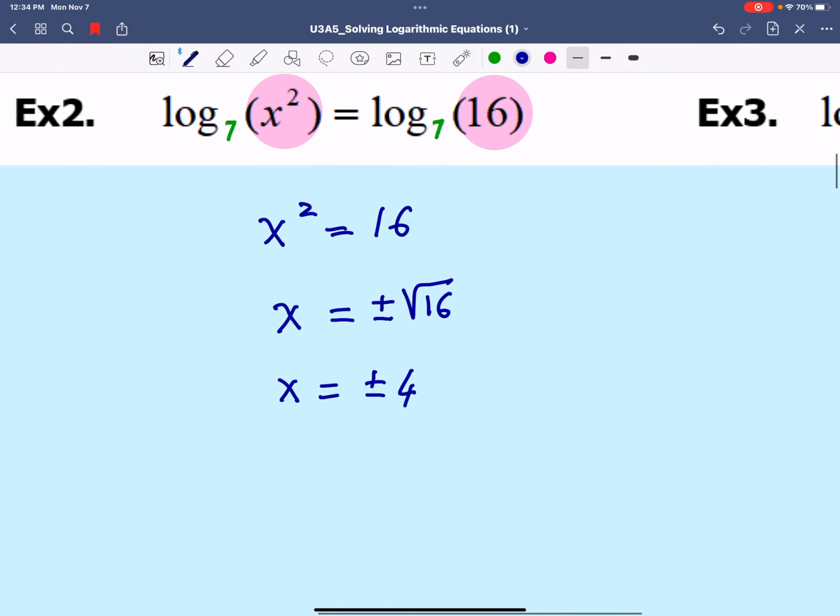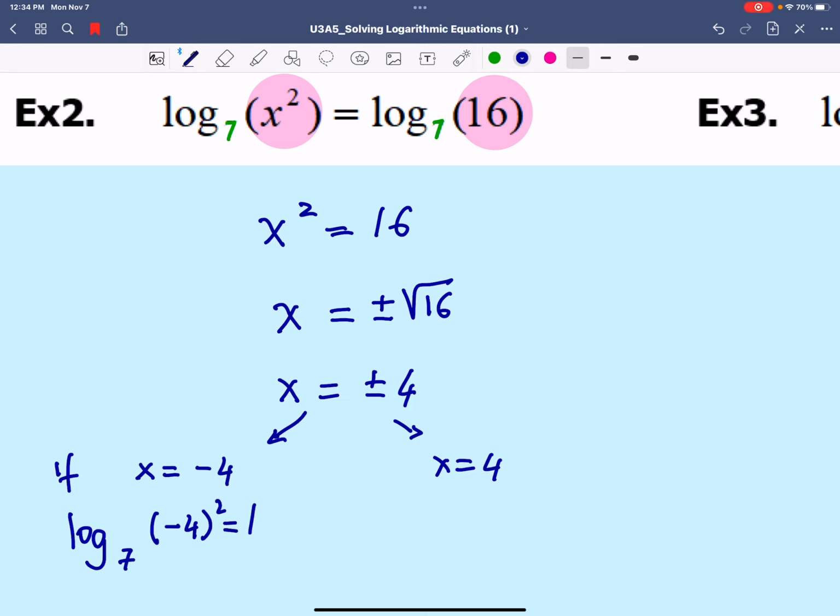Now, as you can see in here, we obtain two solutions, x equals negative and positive 4. Now we want to check and see if both solutions make sense. So we are going to substitute this x value in the log term that contains x. So if x equals negative 4, log with base 7 of negative 4 squared will be log with base 7 of number 16.